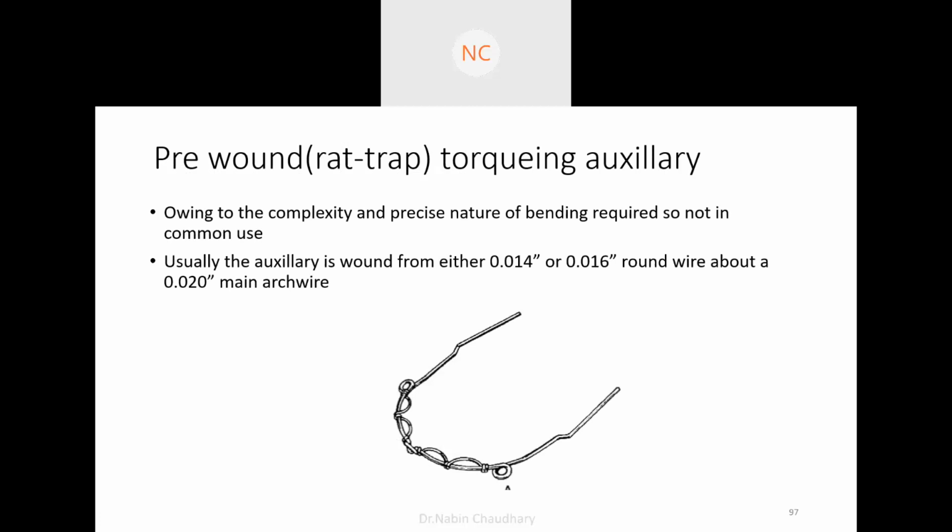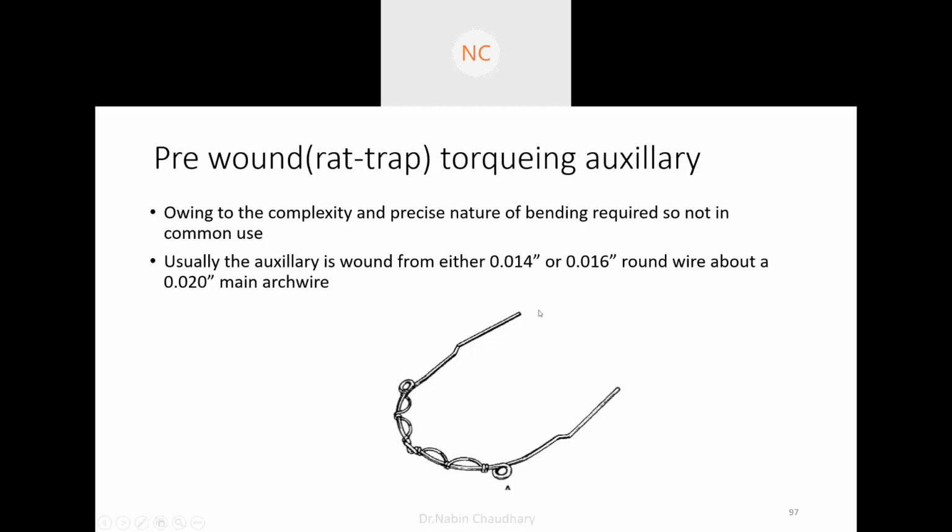This is another torquing auxiliary, and it is called the pre-wound or the rat trap torquing auxiliary. Because of the complexity and precise nature of the wire bending required in this pre-wound rat trap auxiliary, it is generally not utilized in the Begg technique.